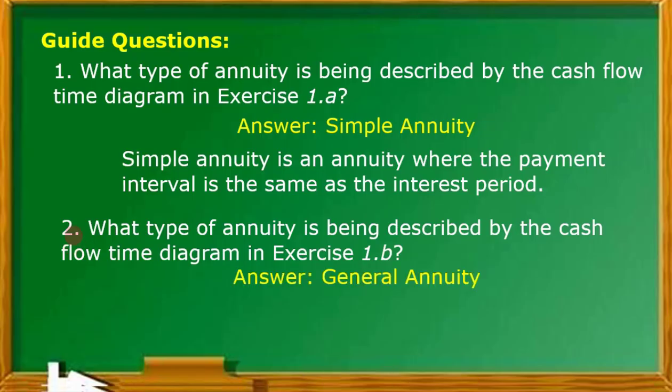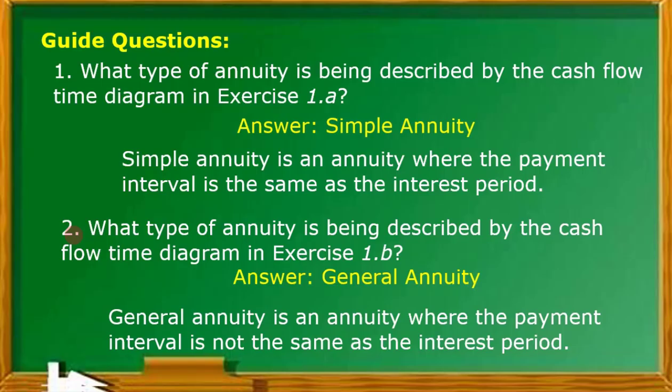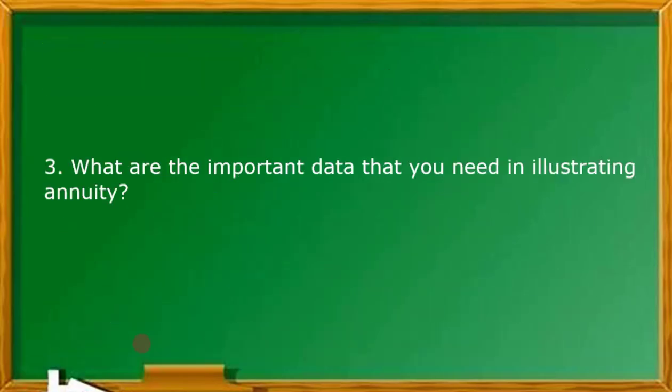Well, it's general annuity, because in this case, the compounding period here is semi-annually, and the interest period is yearly. Okay, so general annuity, it is where the payment interval is not the same as the interest rate period.